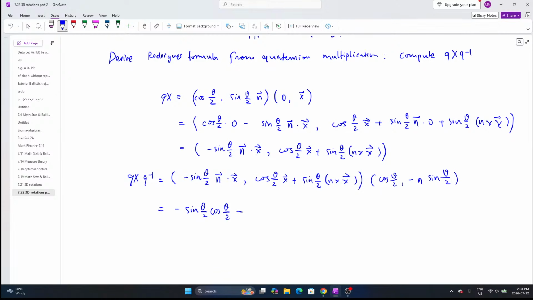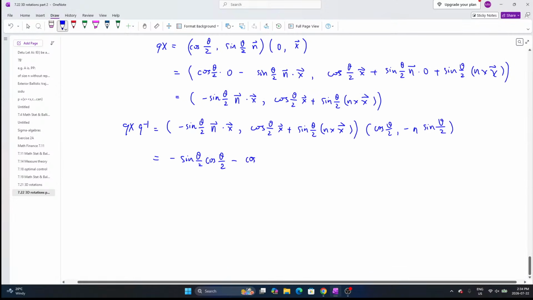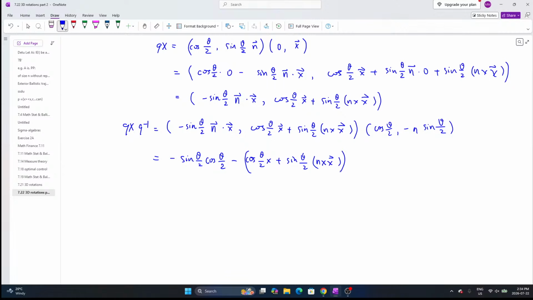So you subtract cosine half theta x plus sine half theta n cross x, quantity dot with minus n sine half theta. So that's the scalar part. And now do the vector part. It's going to be a little bit complicated, but it's fairly mechanical.